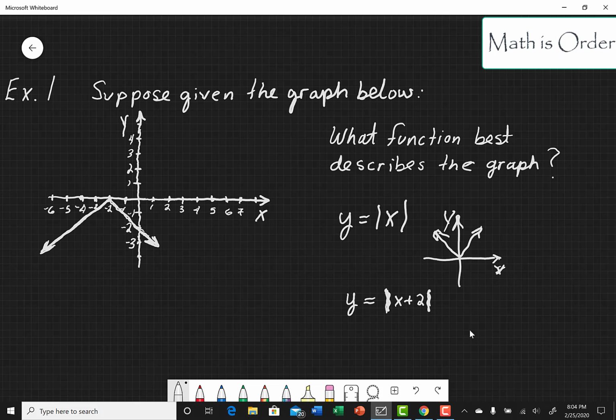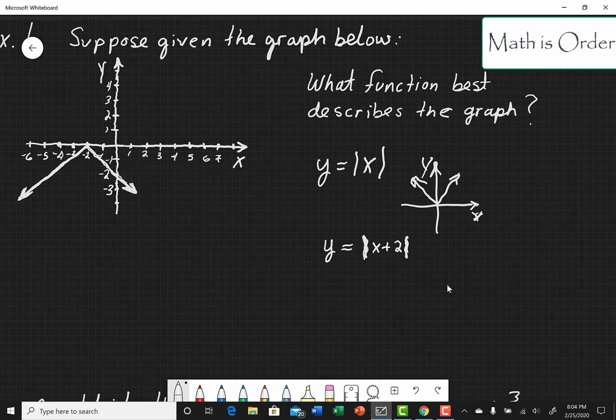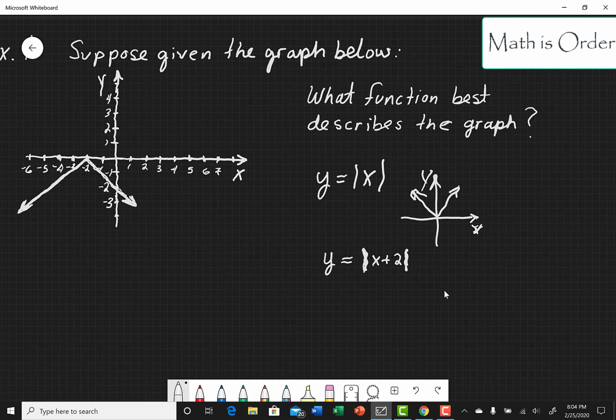So the picture for this graph would be something like this. Here is -2. All right?